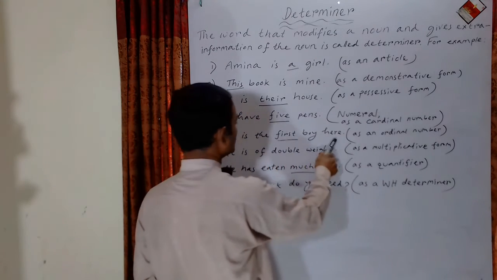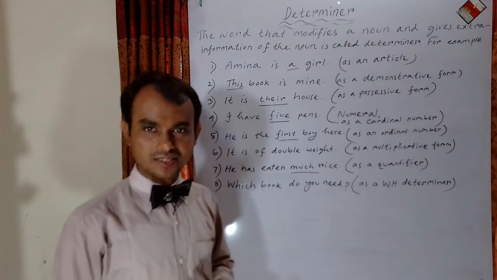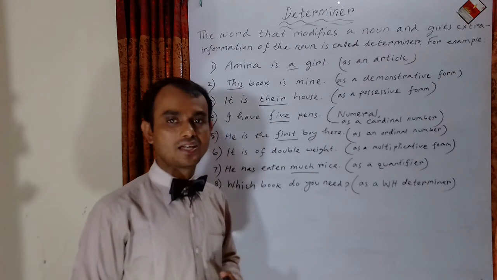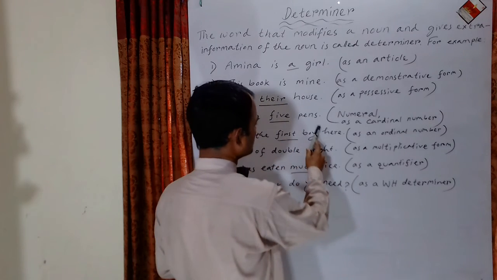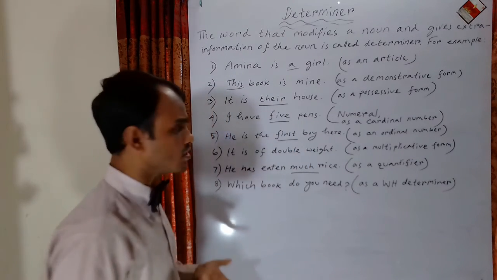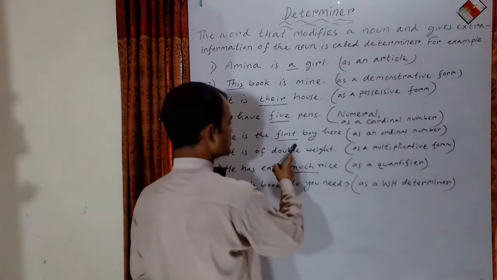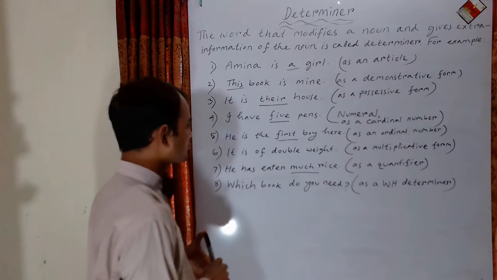Here is the first boy. From this sentence we find the word first and this is also a numeral, ordinal number. This ordinal number is modifying the noun boy and giving extra information of the noun boy. So it is also a determiner as an ordinal number.